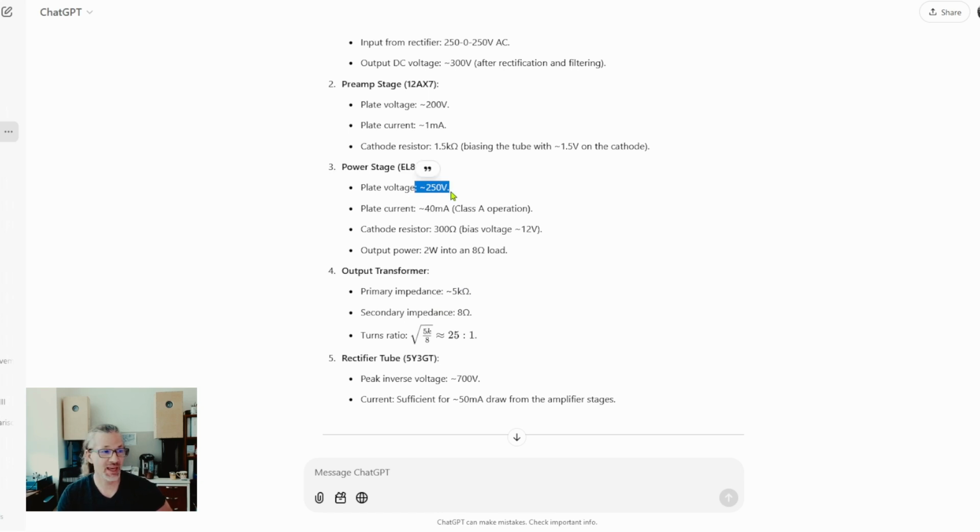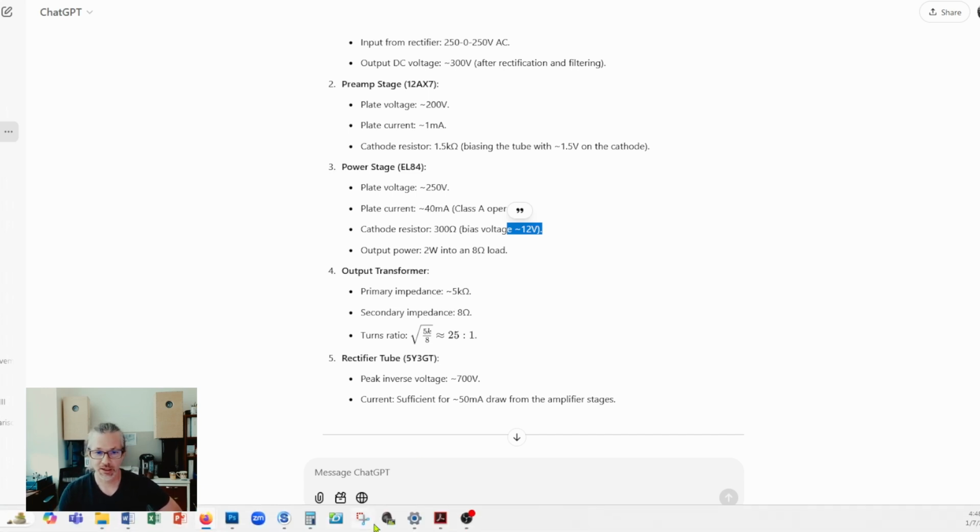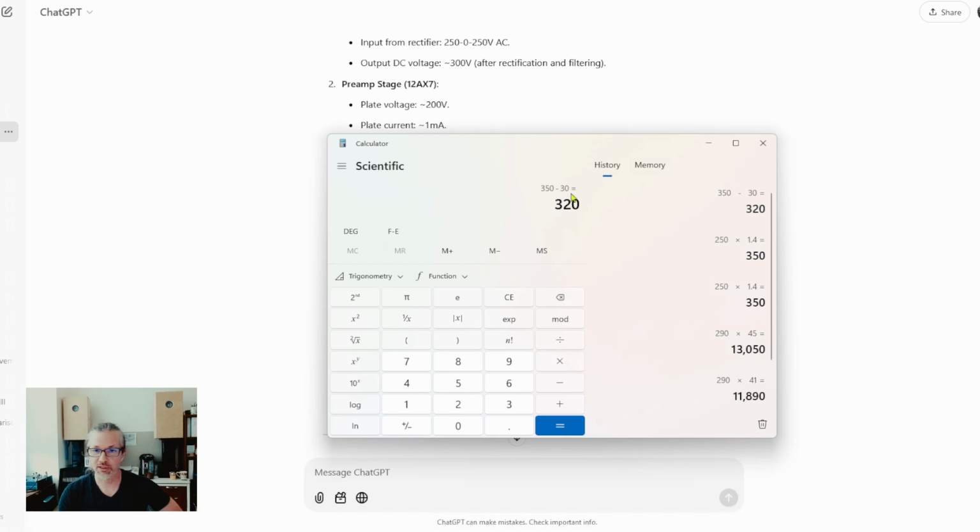Now, of course, we have this problem that it suggested that the power stage has a 250 volt plate voltage with a 12 volt bias, so it means that we have a 262 volt design.